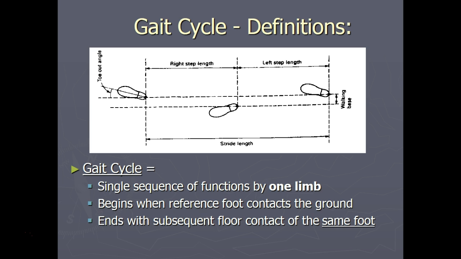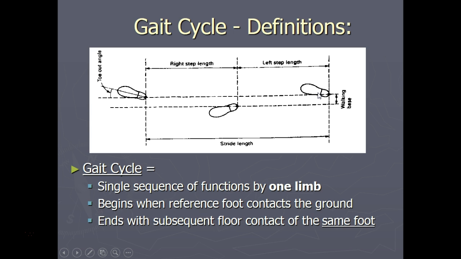Some other definitions in gait: what we consider the gait cycle. How do we define what gait cycle is? Well, the best way that I can describe it is it begins when the reference foot contacts the ground. So this would be the beginning of gait, and then it ends when the same foot contacts the ground again.